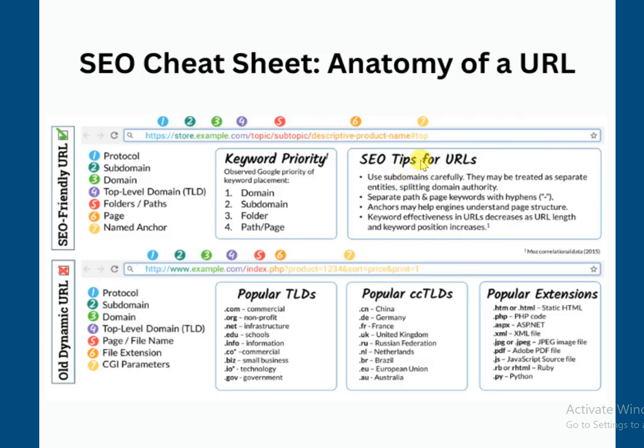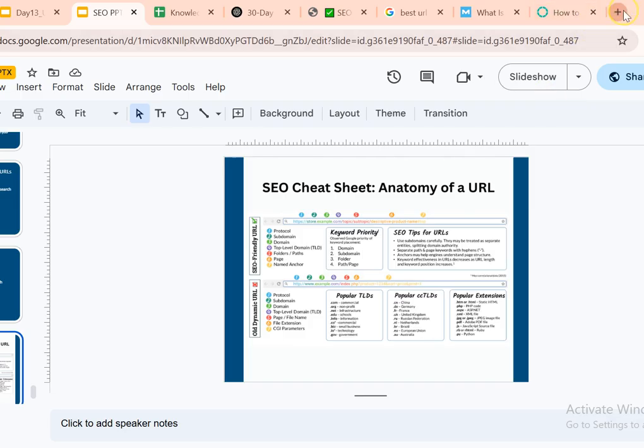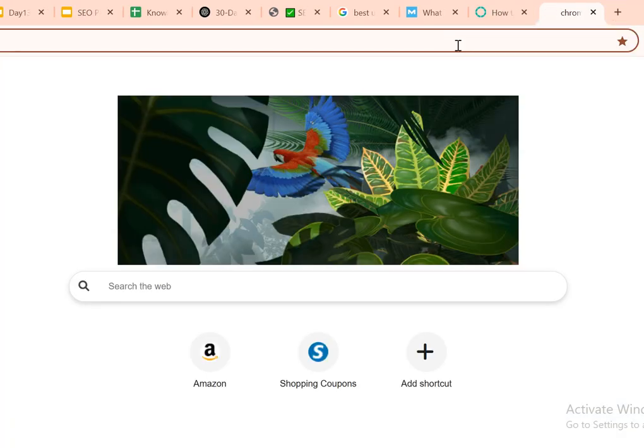Here are some important SEO tips for URLs. You can see here, use subdomains cautiously. They might be treated as separate sites. If you are using any subdomains, knowledgehub.com is the main domain. If you want to start a blog, either you can go to the folder level or to the subdomain level. Let me show you what I'm talking about.